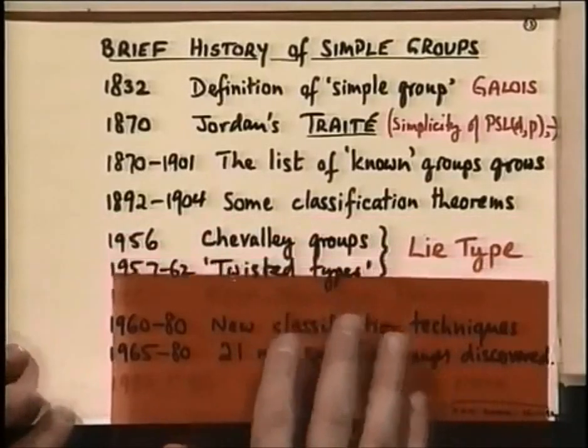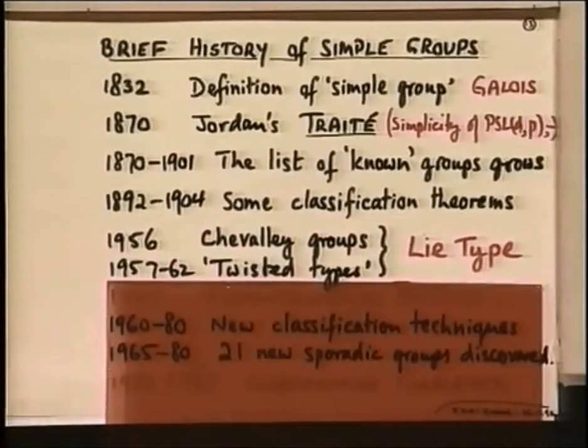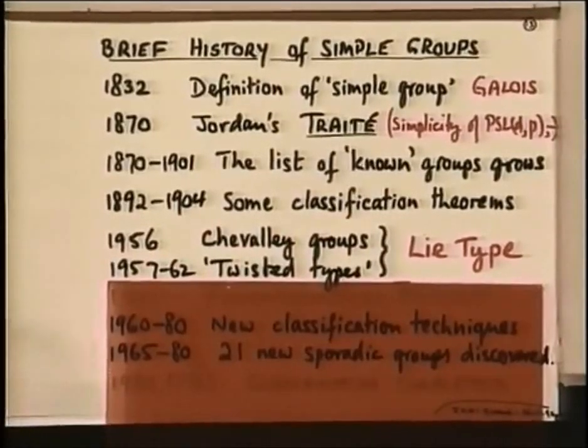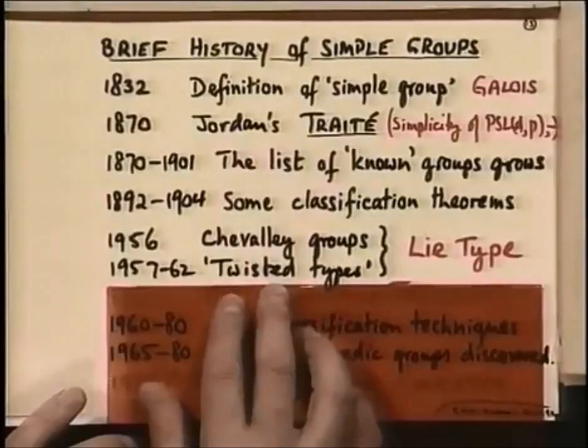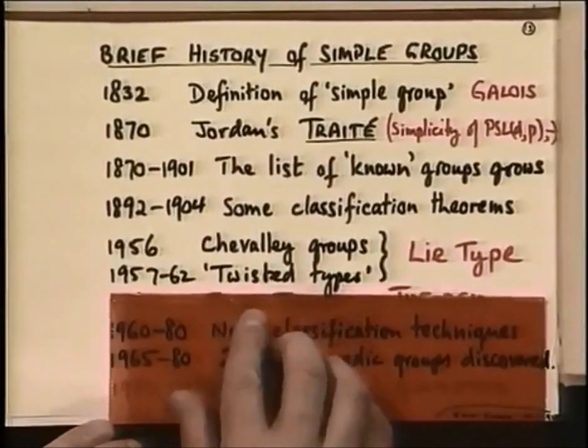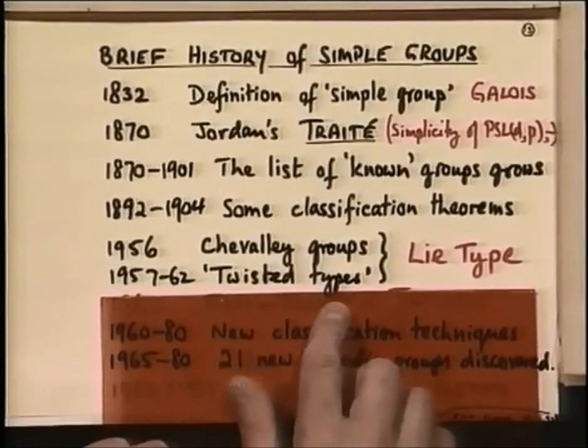Then there was a bit of a pause, but in 1956, Claude Chevalley showed how the so-called continuous groups, the Lie groups that were important in physics, had analogues for finite groups. And shortly after that, the system that he proposed was modified to include the so-called twisted types.